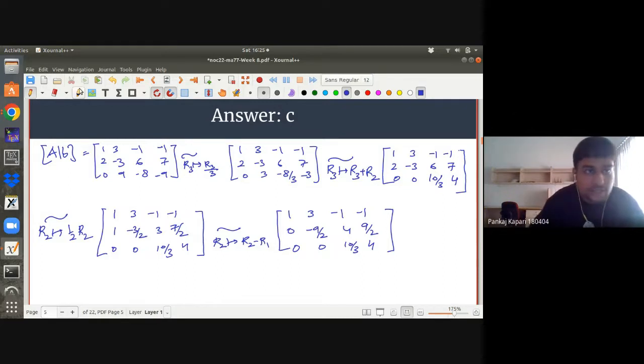There is another mistake. Here, we are adding our row 2 and row 3, so you can see that this will again become non-zero. So we should not do that, I think.